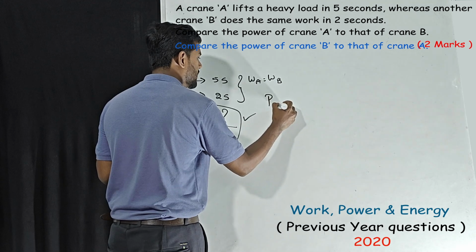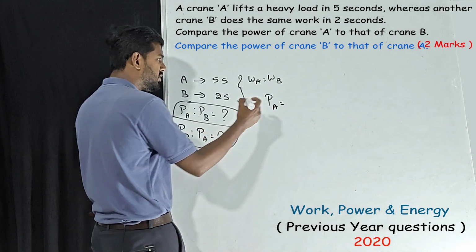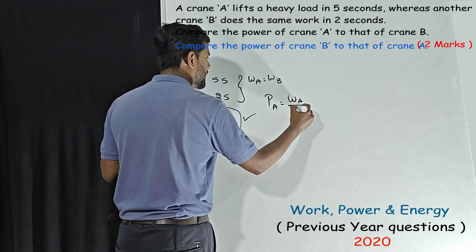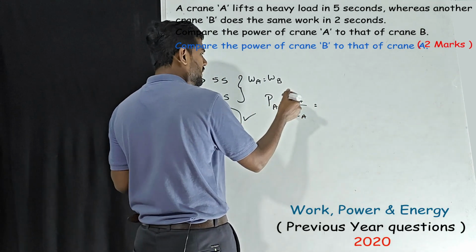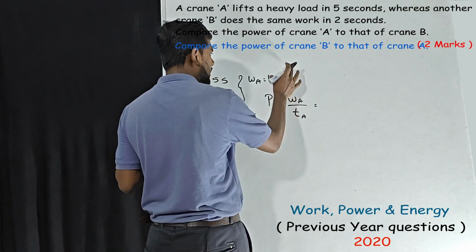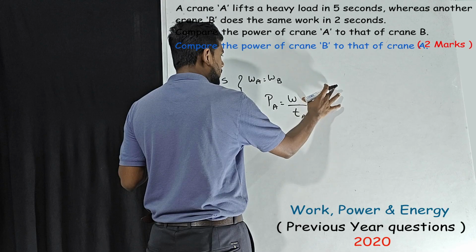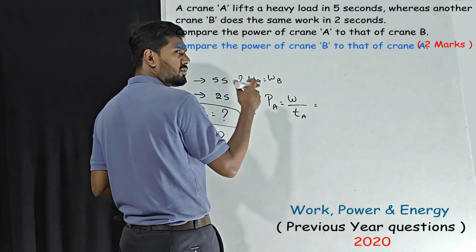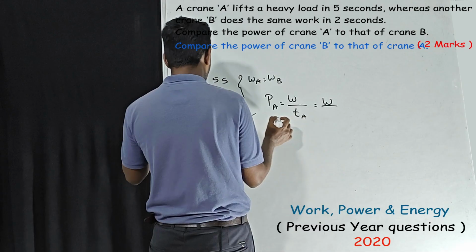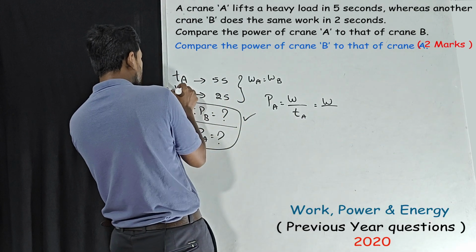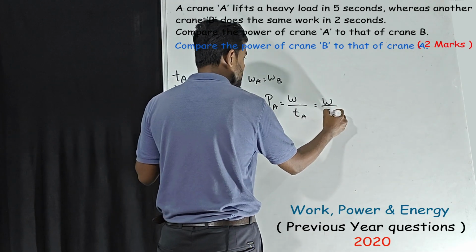Power of crane A is equal to work done by A by time taken by A. We don't know the value of work done, but they have given the work done as same, so we don't have to write work done of A and work done of B separately. We can write W by TA. The time taken by A is 5 seconds.